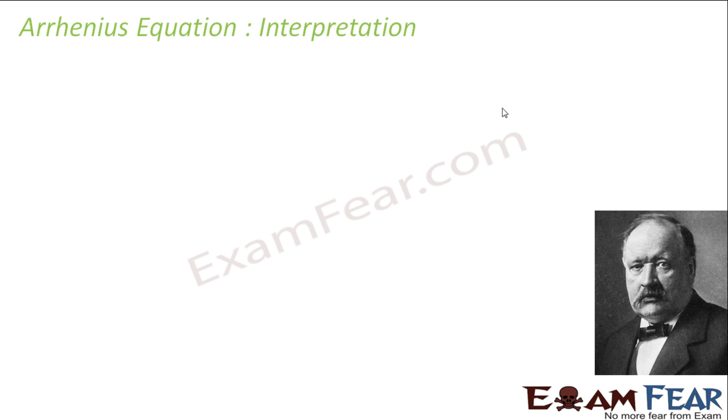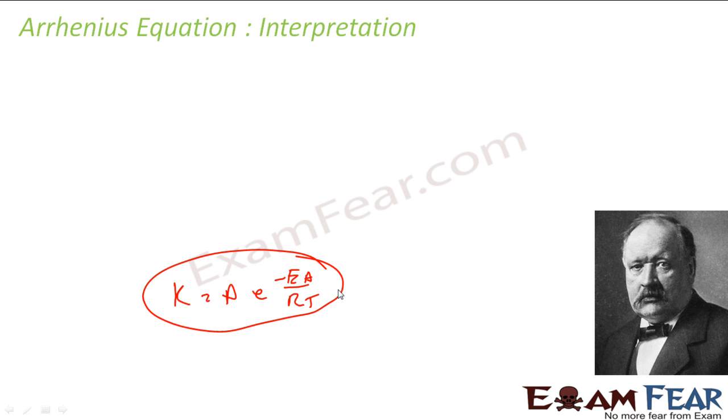Before we study activation energy, let's know the fact about this Arrhenius equation, K is equal to A e to the power minus Ea by RT. There are many justifications for this. As I told, in 1884 Van't Hoff proposed this but was not able to give a justification.